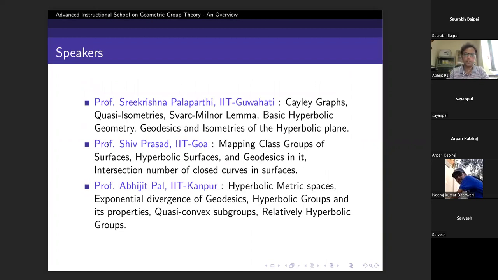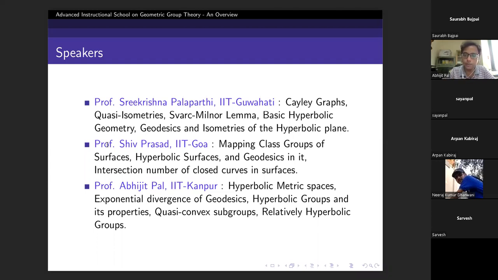So now let us talk about who the speakers are and what they will be speaking on. Professor Sri Krishna Balaparthi of IIT Guwahati will first go through the basic stuff like Cayley graphs, quasi-isometries, and the important Švarc-Milnor lemma, which says that if a group acts properly discontinuously and co-compactly on a geodesic metric space, then the Cayley graph of G is quasi-isometric to that geodesic metric space.